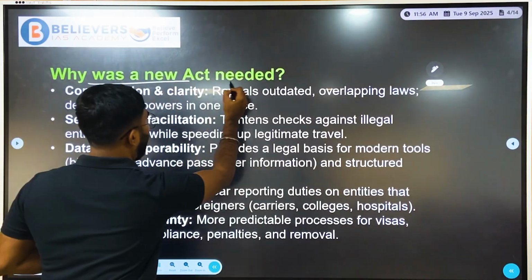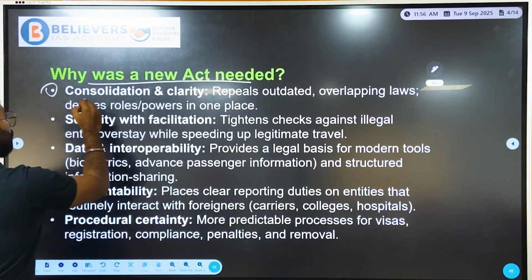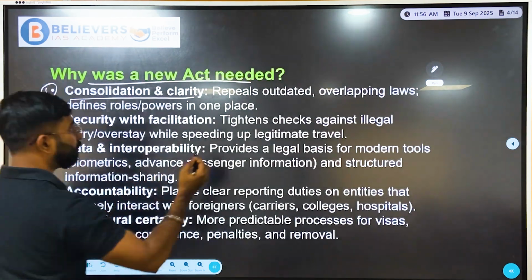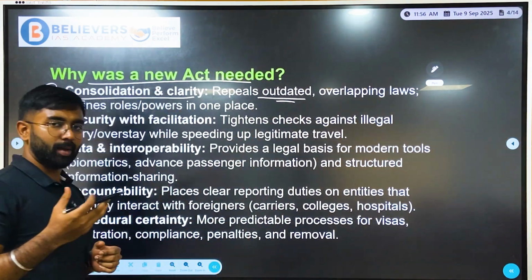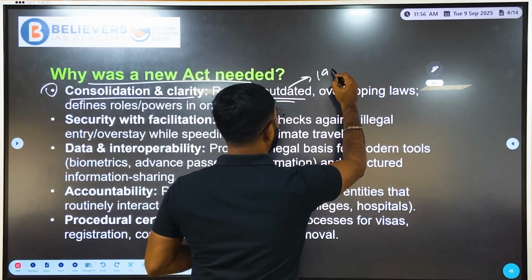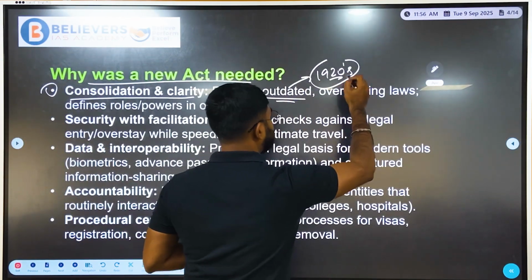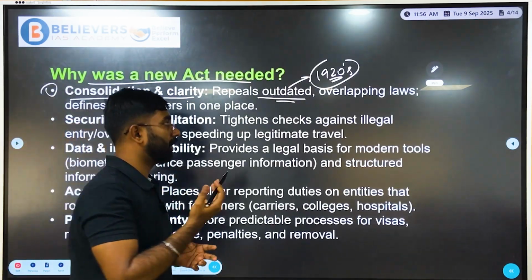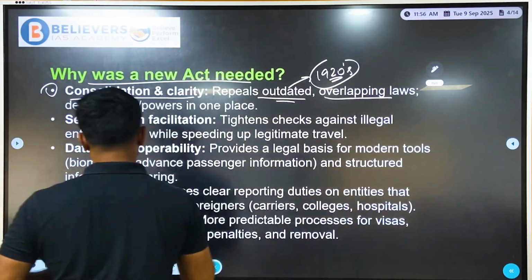So why was a new act needed? One is because we wanted consolidation and clarity, because most of the provisions were either outdated, since we are talking about century-old laws from the 1920s, or they were overlapping.